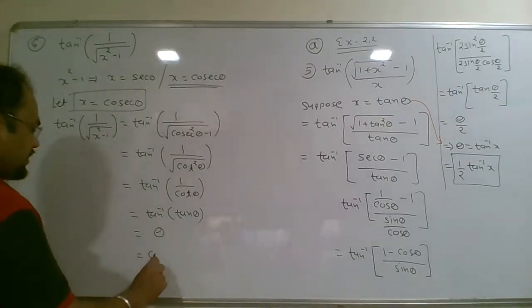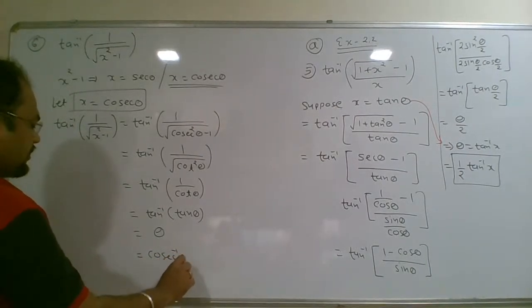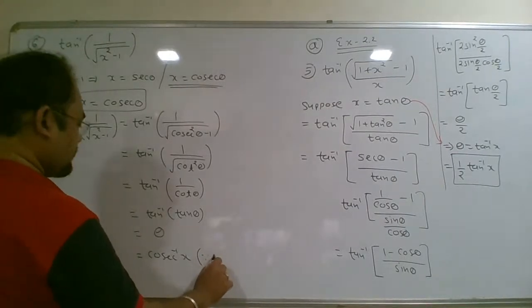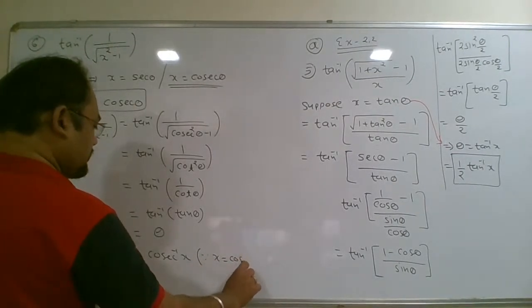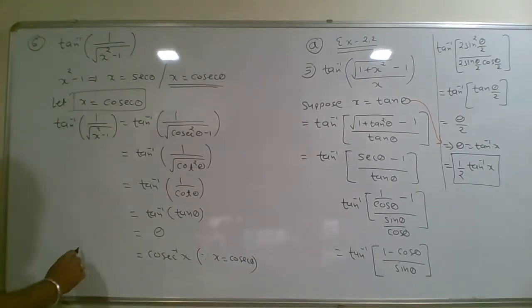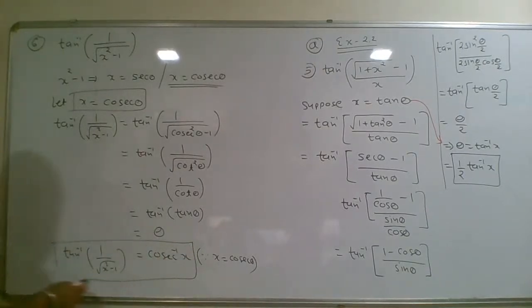So replacing theta by cosec inverse x, because we supposed x equal to cosec theta, the final answer is tan inverse of 1 upon under root x square minus 1 is equal to cosec inverse x.